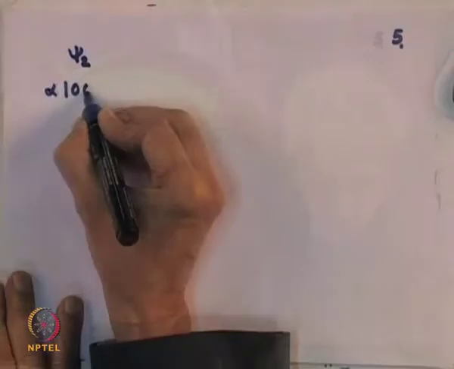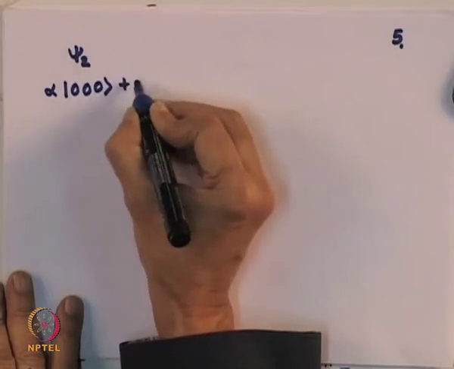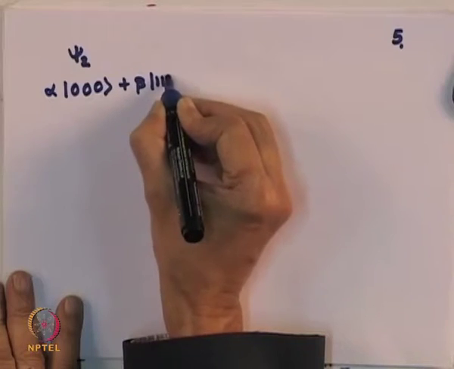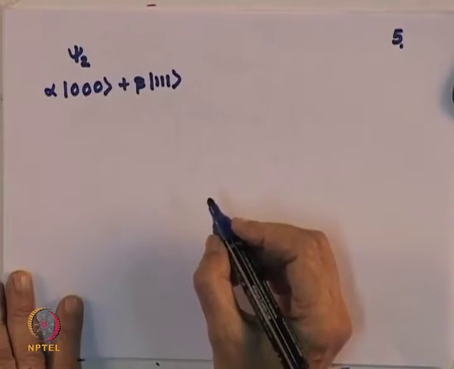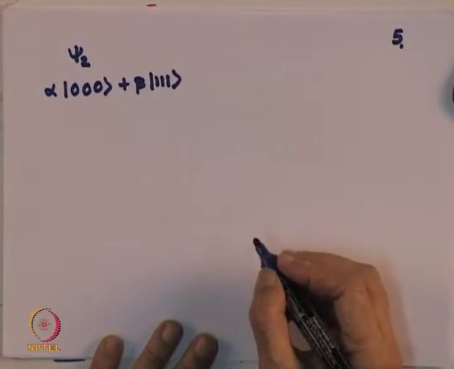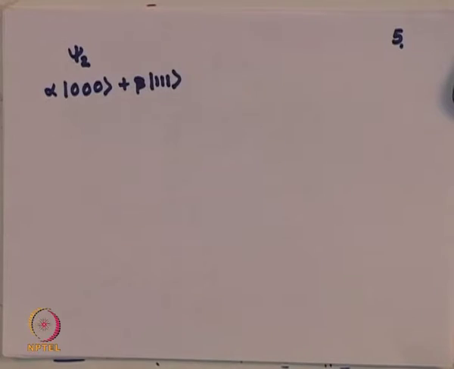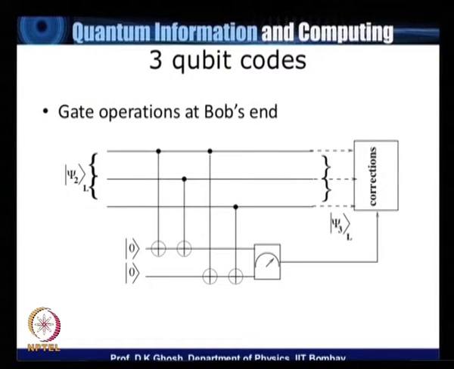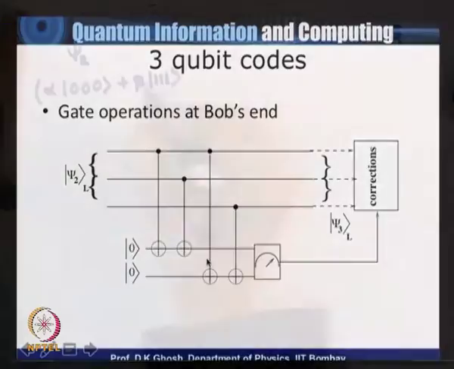So psi 2, which was the state of the situation which Bob received, had, as we have given, 8 possibilities. So this was alpha 0 0 0 plus beta 1 1 1. I had given some probability with which it occurred, and let us look at this situation here. Now in this situation, when Bob executed this, what happened?